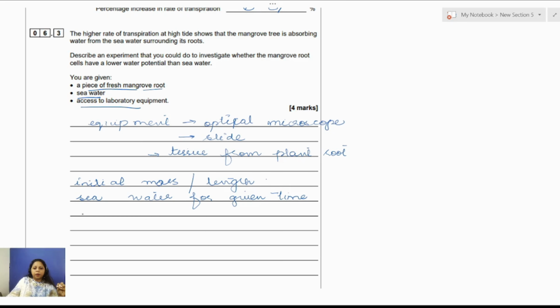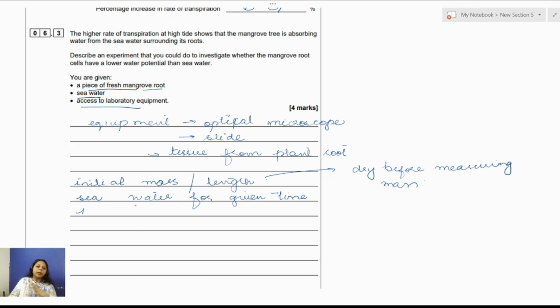Okay. So one thing: we need to dry it before calculating the initial mass. Okay? Not after.